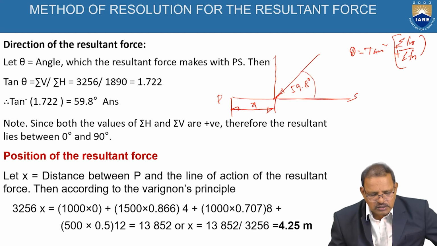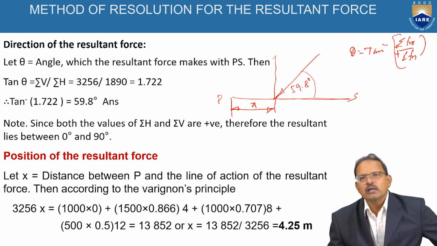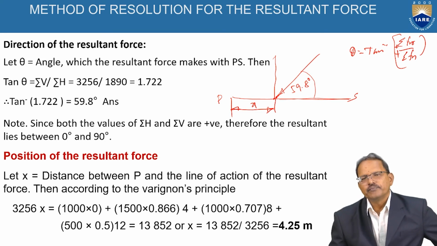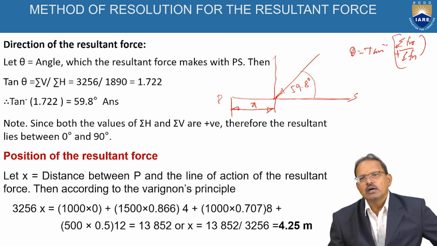Which forces are acting? 1000, 1500, 1000 and 500. Because here all tend to rotate the body in clockwise direction, hence it should be equal, or otherwise you can take it as positive also.